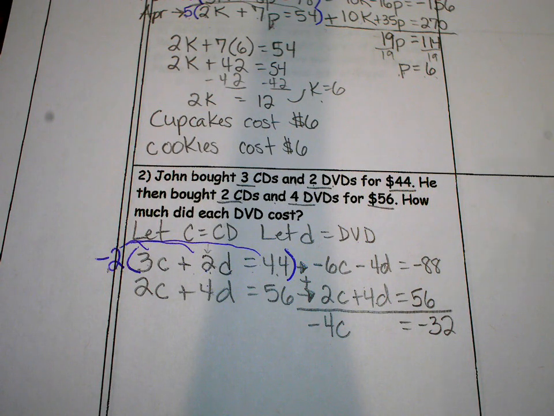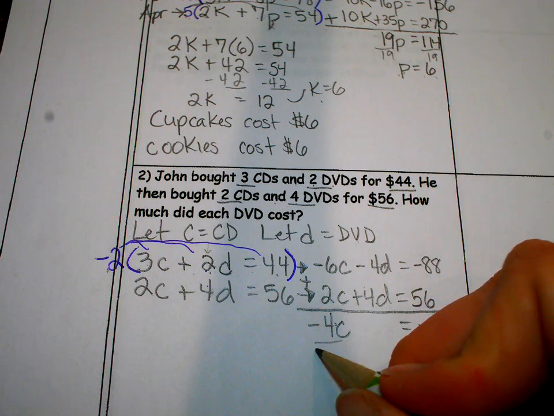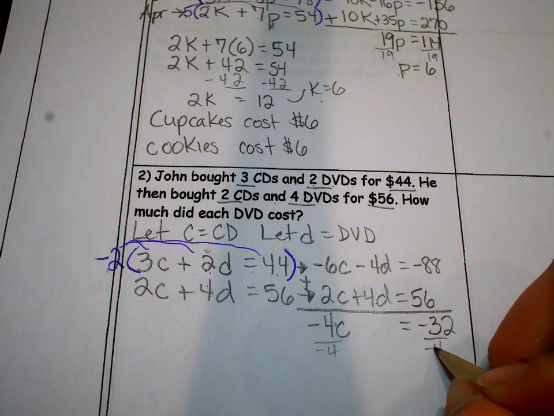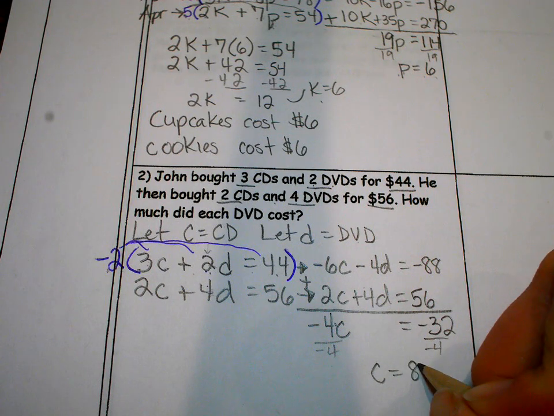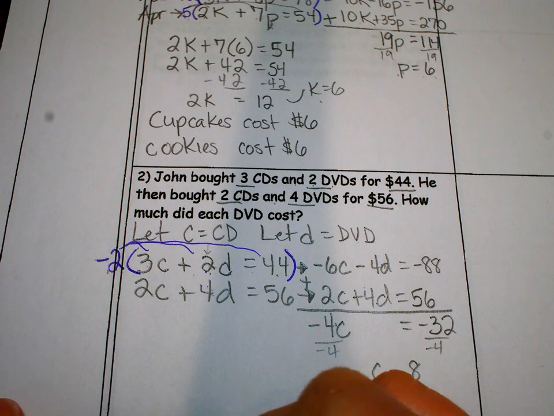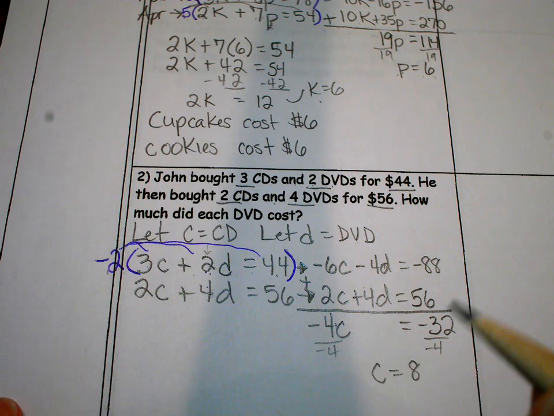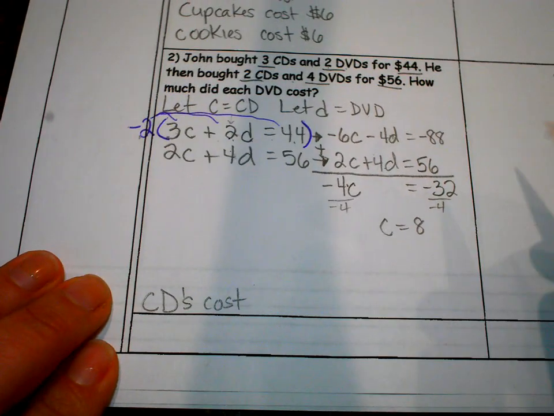Solve for c. This is 4 times c, so I do the inverse operation. Divide both sides by -4. c equals 8. So CDs cost, oh, you can't even see it. I'm sorry. CDs cost $8.